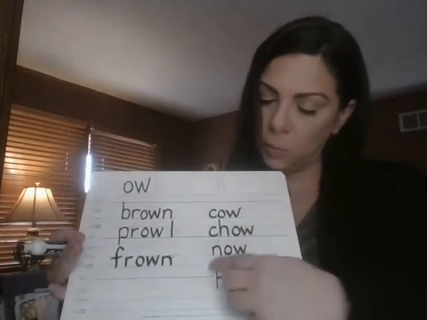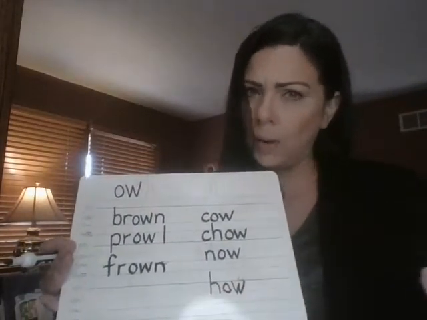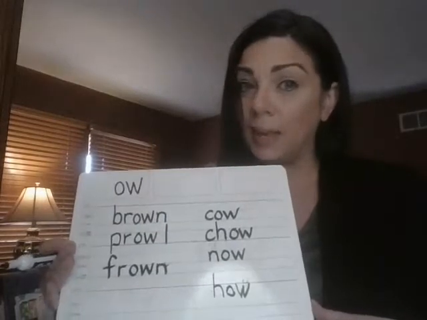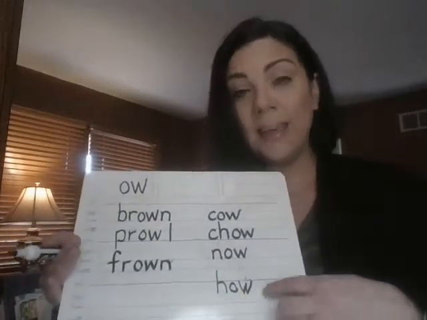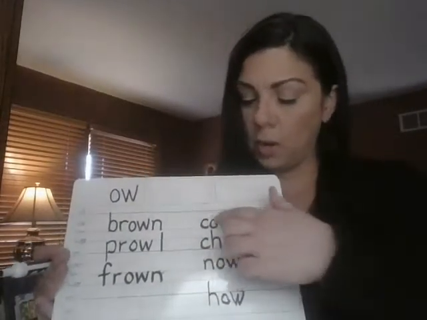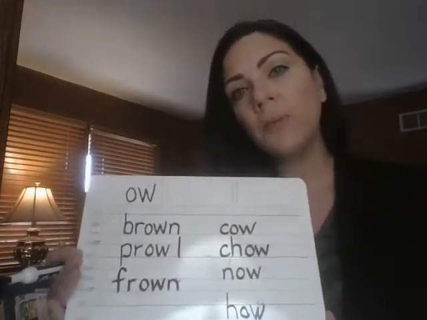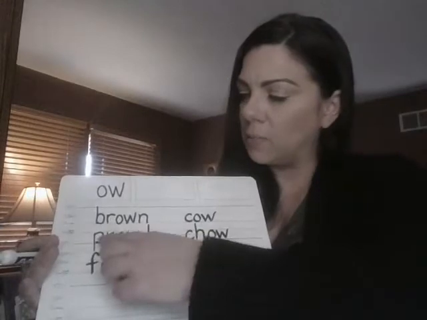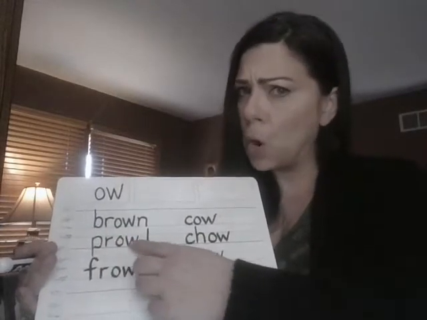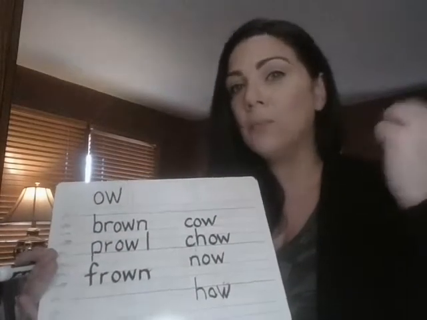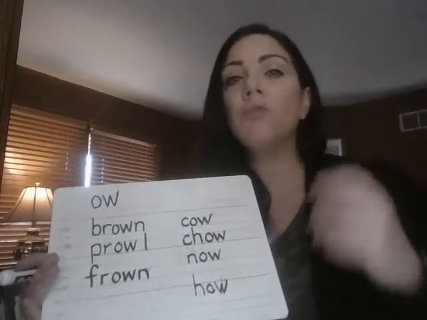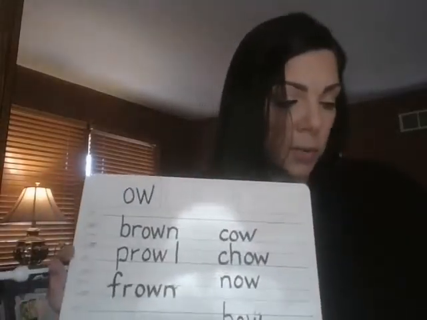Or I come to this word that says oh, I don't think that's how I say hoe, like the hoe in the garden. It's how. Or this one, no, cow. So sometimes you just have to practice them. Here we would say something like prol. No, prowl. So you have to sometimes try them both when you see them when you're reading.